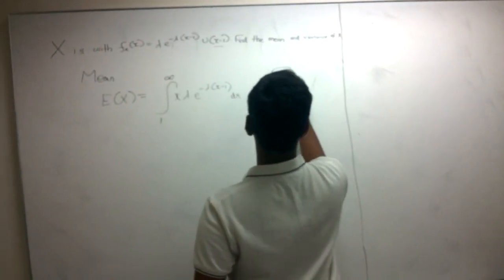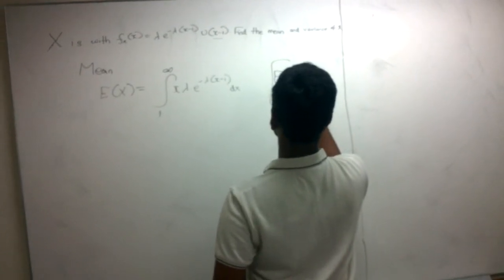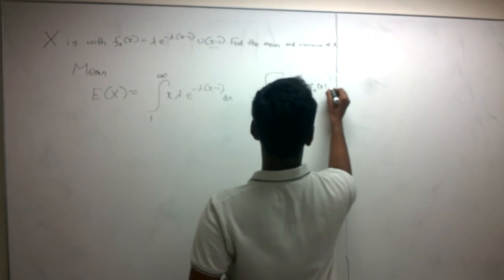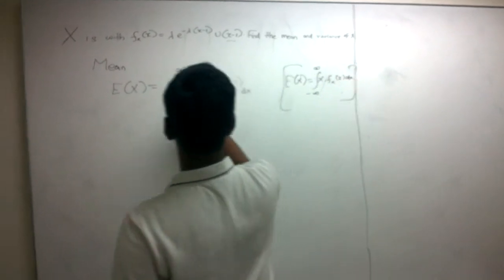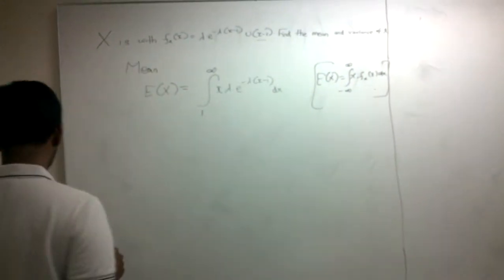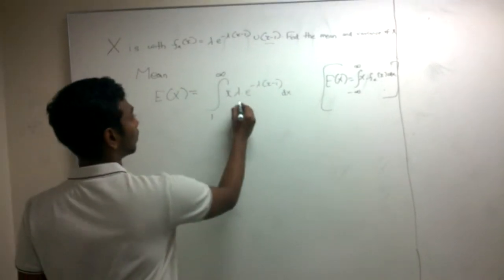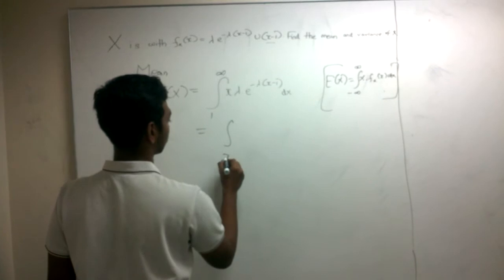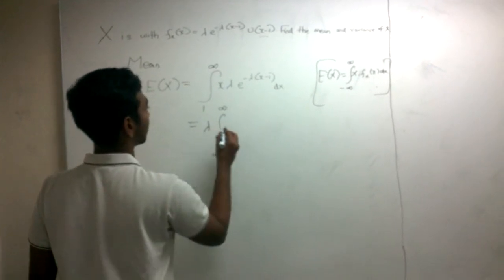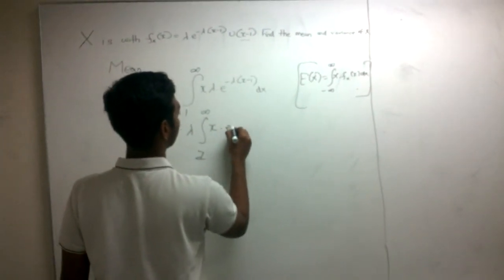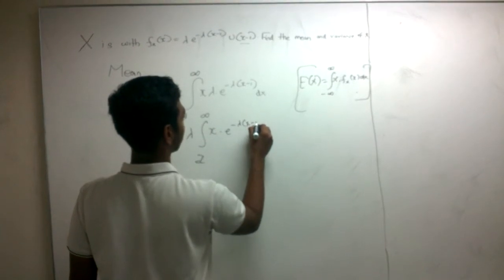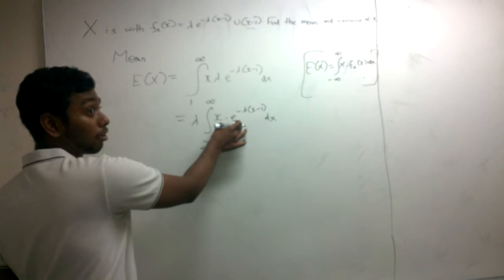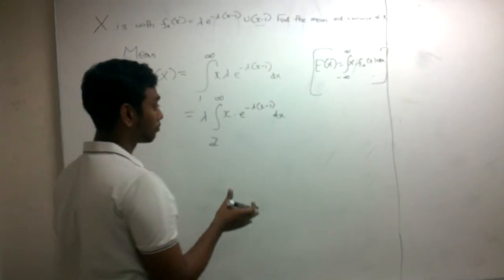You know that E[X] equals the integral from minus infinity to infinity of x times fX(x) dx, so this is the direct substitution of that formula. Looking at this term, from 1 to infinity, lambda is a constant, x times e power minus lambda (x minus 1) dx. This can be solved by using the integration by parts mechanism.